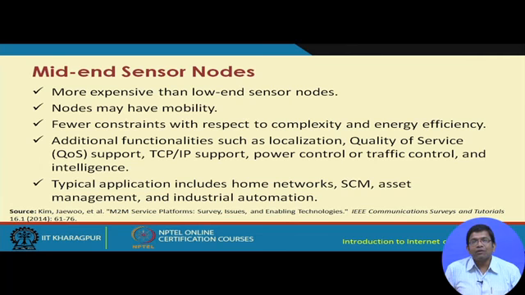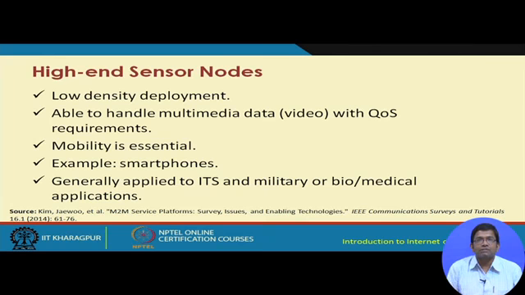They are not like low end nodes with bare basic functionality. They have a little bit more functionality with respect to localization, quality of service support, TCP/IP support, power control, traffic control, intelligence and so on. Typical applications include home networks, supply chain management, asset management and industrial automation.